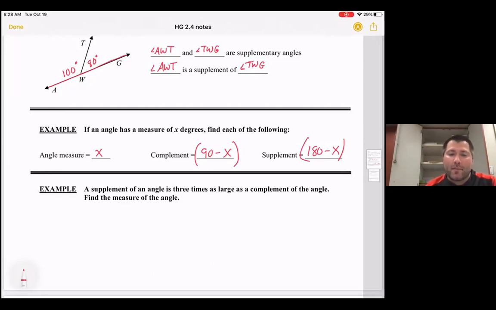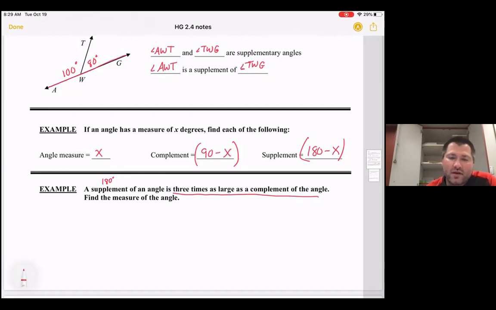So whatever says a complement of an angle, you're going to take 90 minus that angle. So in our example below that, it says a supplement of an angle. So supplement means they add up to 180. A supplement of an angle is 3 times as large as the complement of the angle. Find the measure of the angle.